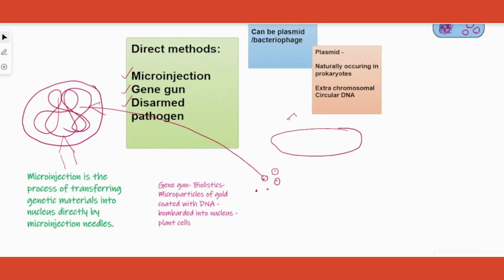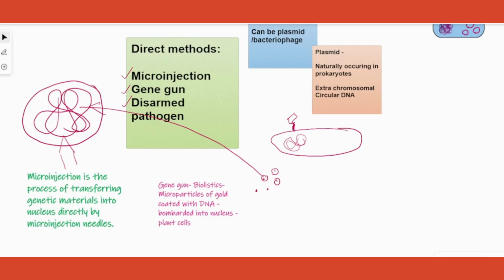You know what bacteriophages are? They are viruses. They have the ability to infect your bacterial cell. What if this pathogenicity, in other words, the ability to cause a disease, is removed? Then this can inject our gene of interest into the bacterial genome. So those are the three direct methods.